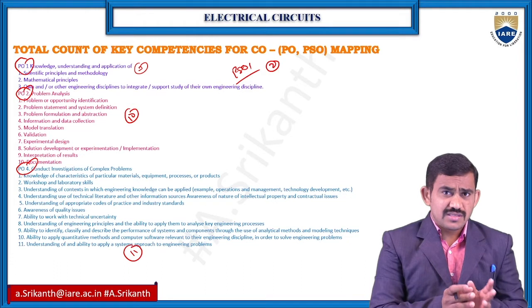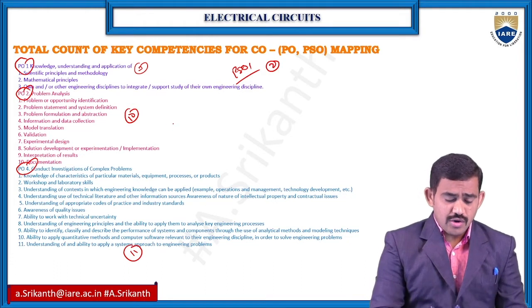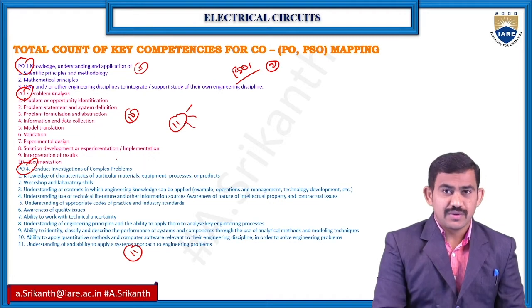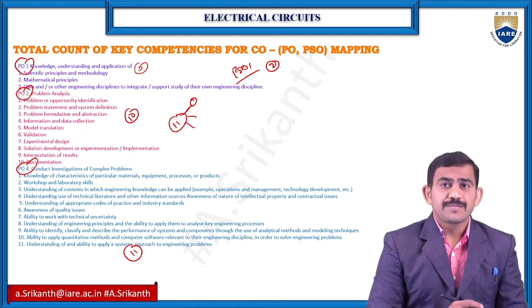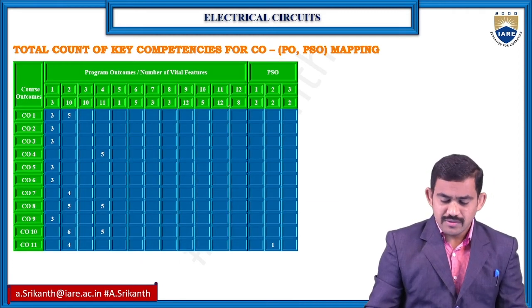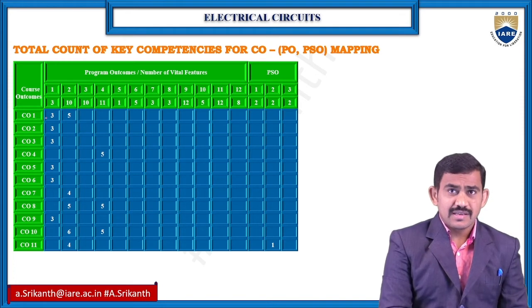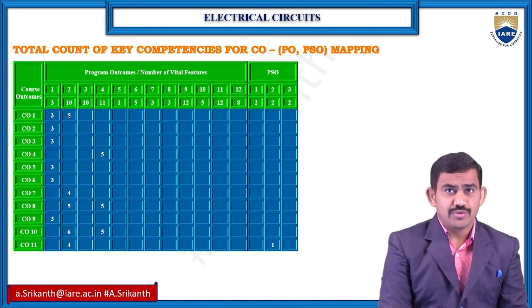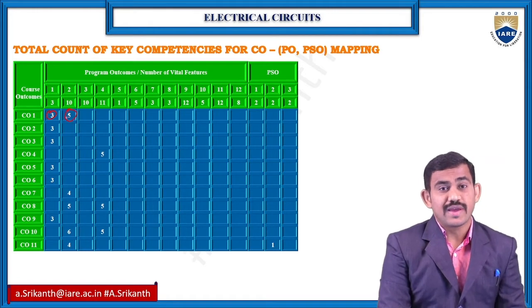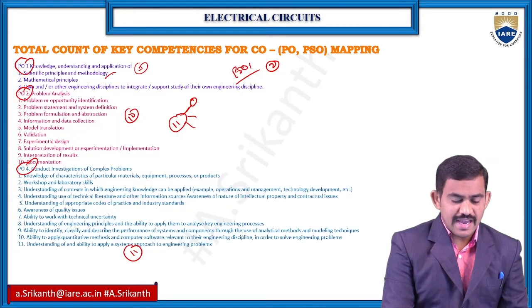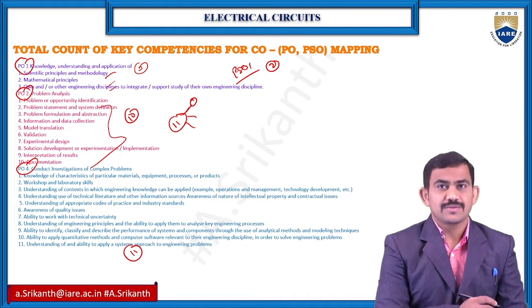So for each PO I have different key components. We have 11 COs, and for each CO I mapped some different POs: PO1, PO2, PO4. Now how many key components are connected with this CO? For CO1 we have PO1 and PO2. For PO1, how many key components do we have? PO2 also, how many key components? Just observe here and get the values.